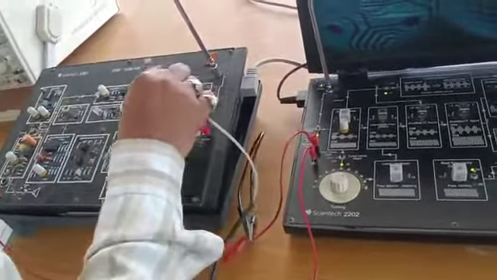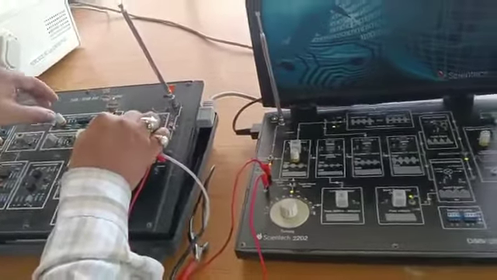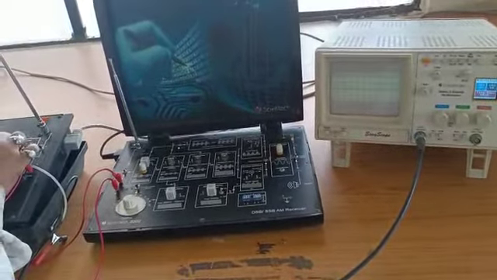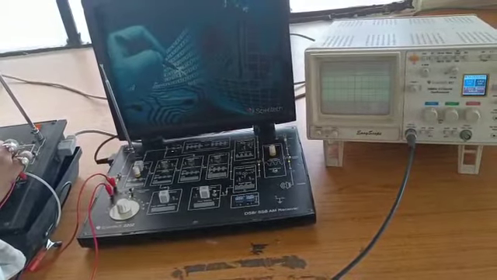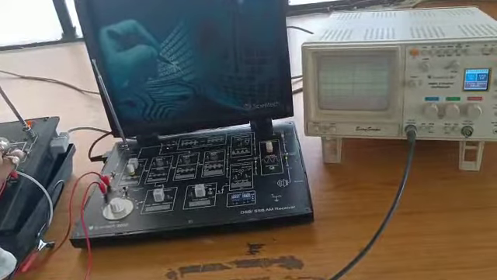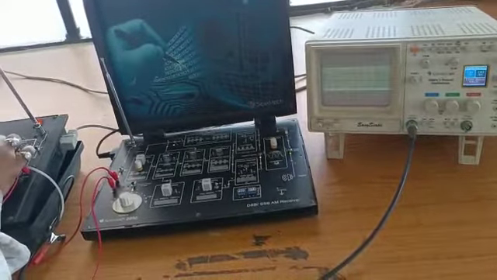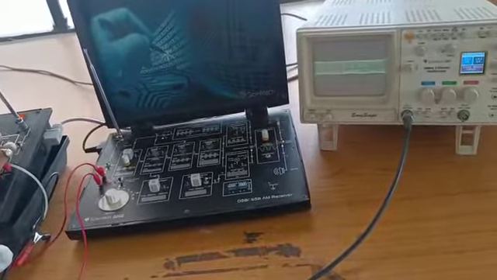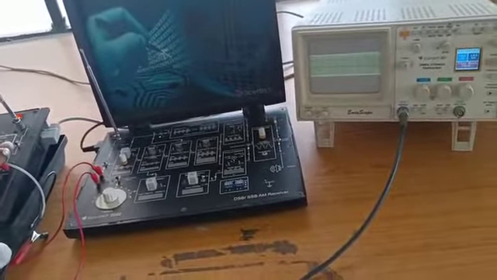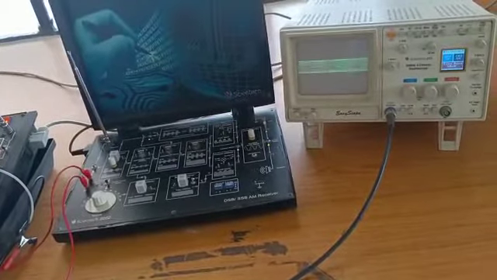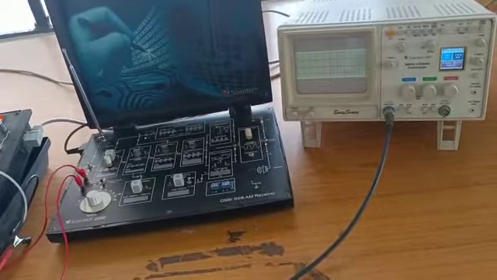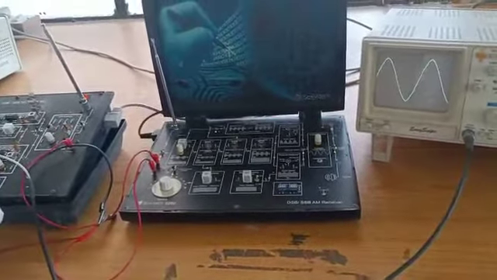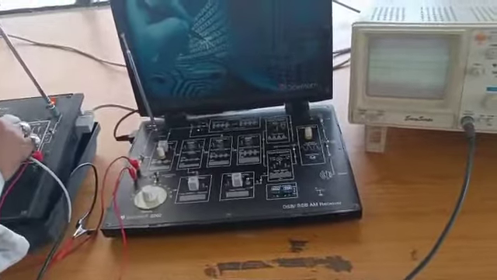This is the DSB signal, double side band.